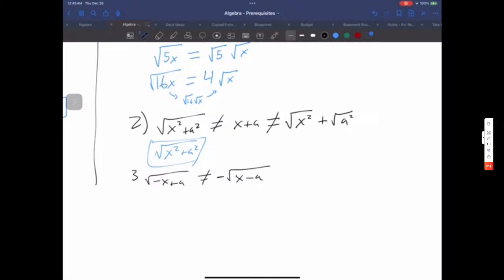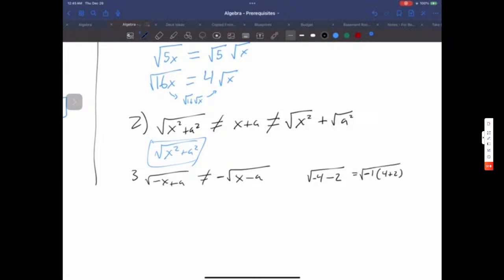But let's look at this. So I have square root of, let's use 4 and negative 4, and we'll say minus 2, for example. And I say, okay, well that's going to be the same as negative 1, right? I factor out a negative sign, which is the same thing as multiplying by negative 1, times 4 plus 2.